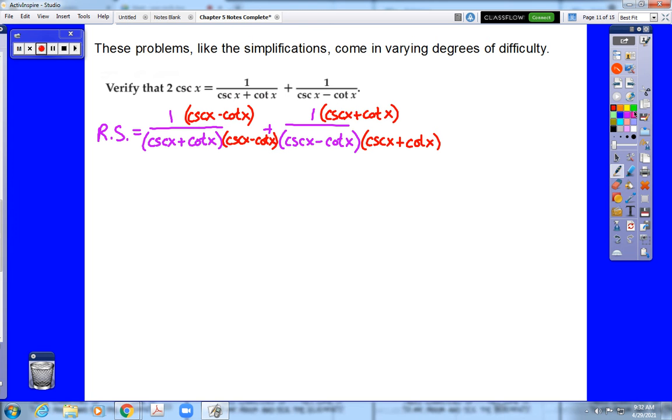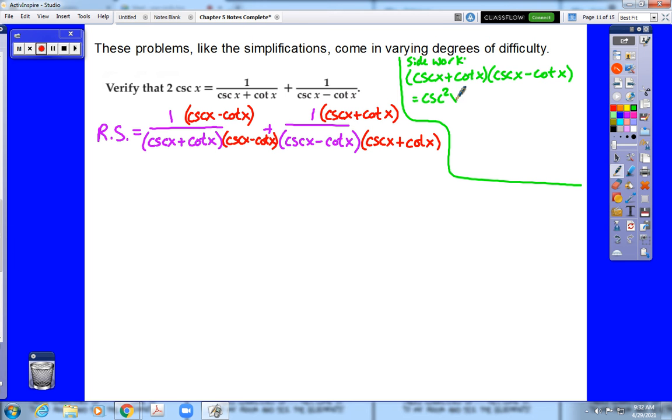Now it's worth noting that that common denominator can be simplified if we FOIL that expression. So here's some side work to show you what I'm going to do here. I'm going to multiply cosecant x plus cotangent times cosecant x minus cotangent, because I want you to see this. This is something you should do in these situations. So we would FOIL that. Cosecant times cosecant would be cosecant squared.